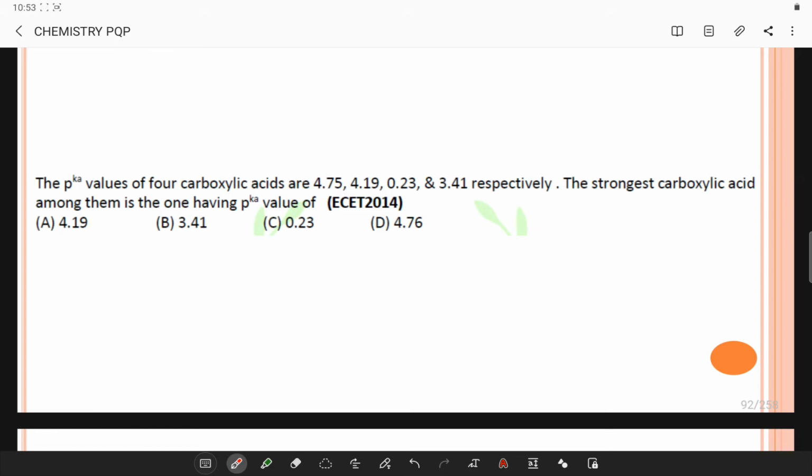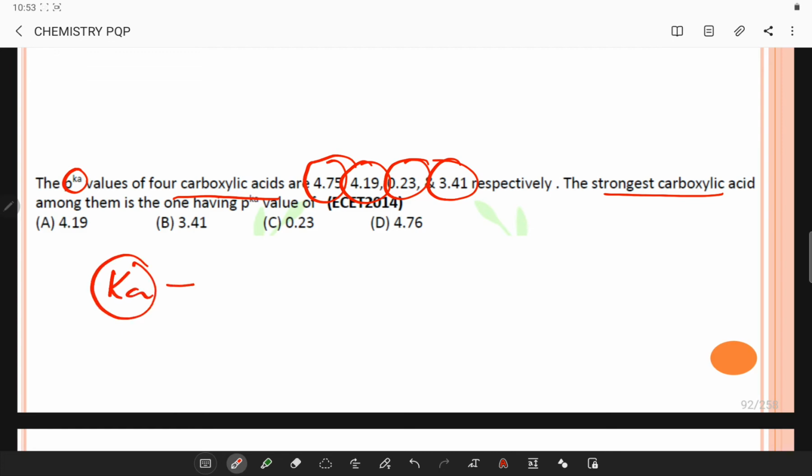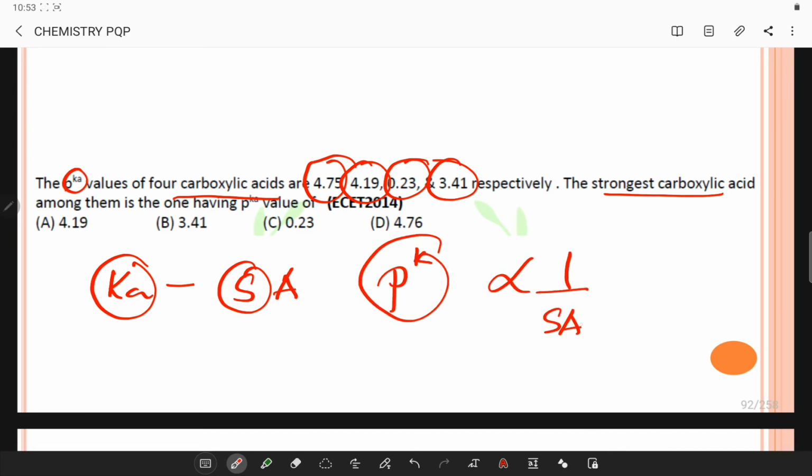The pKa values for four carboxylic acids are 4.75, 4.19, 0.23 and 3.41. Which is the strongest carboxylic acid? Remember, the Ka value is directly proportional to the strength of an acid, whereas the pKa value is inversely proportional to the strength of the acid.